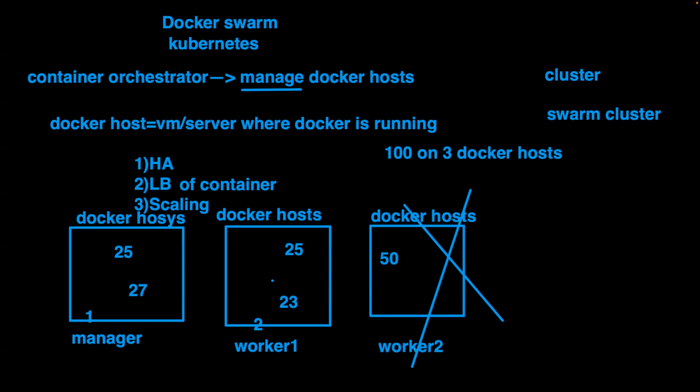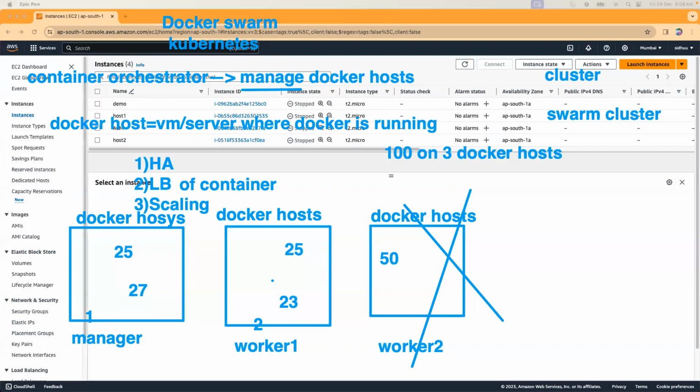Can we have more than one manager node in a cluster? Yes, you will be having multiple managers, because if the manager goes down, the entire cluster will go down. If I have three managers, how will the election process begin, on what basis?